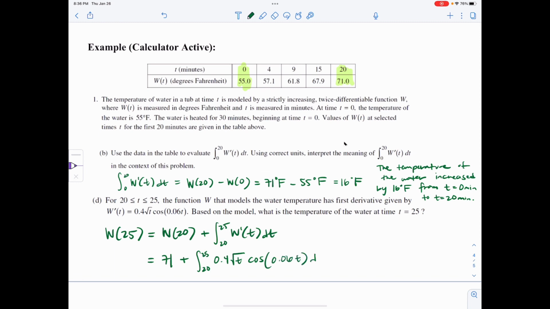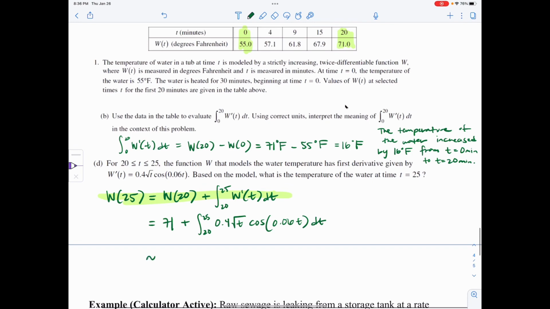You can just type in, since everything is assigned though, you can just type in or write down this statement. Based on the model, what is the temperature? Okay, so then typing that in.